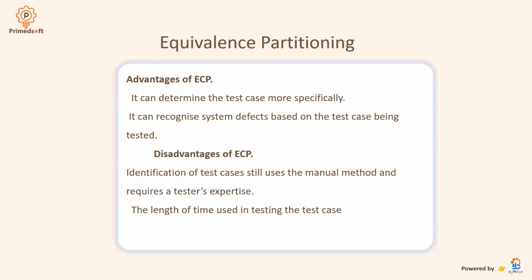You can make mistakes. You can say, okay, I've partitioned it, but you haven't done it very well. You can choose an invalid value and put it under the valid, and use one of the invalid values as a valid test case in a valid scenario. So you tend to make mistakes. So it requires tester expertise and experience.